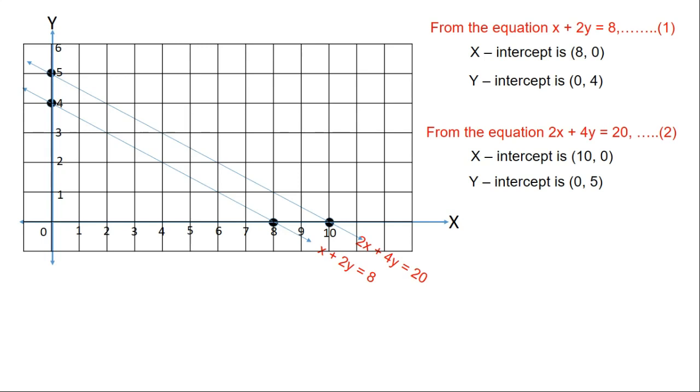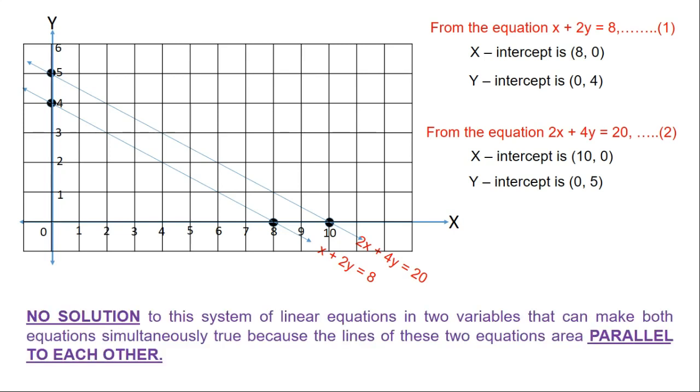And we have to note that in these equations, there is no solution to this system of linear equations in two variables that can make both equations simultaneously true, because the lines of these two equations are parallel to each other.